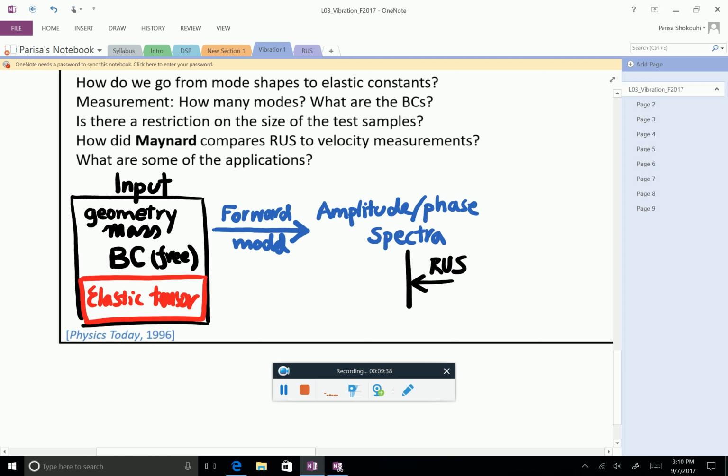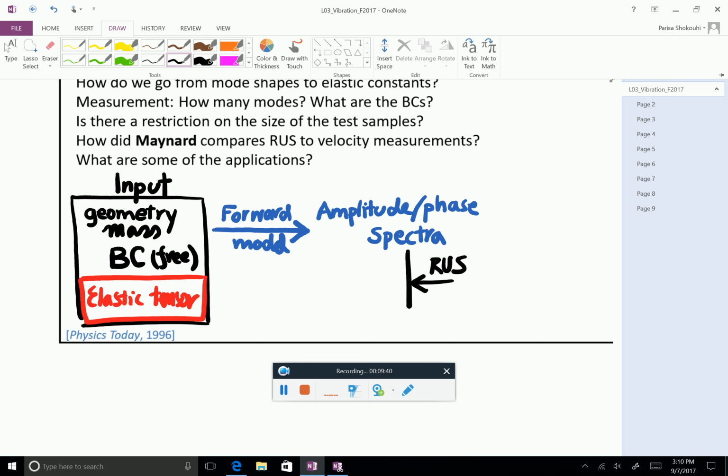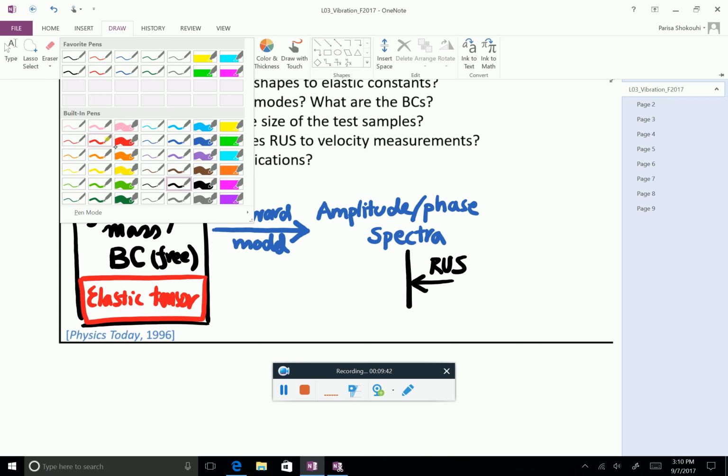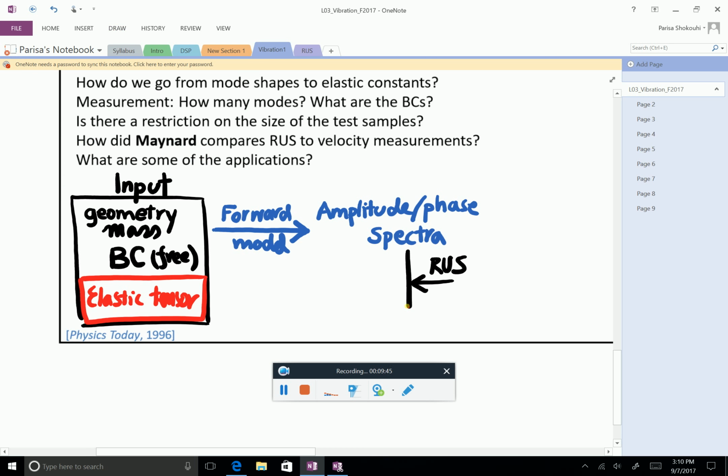And once you do this, you need to get to the elastic tensor, so you have to solve an inverse problem. And then you get some approximation of the elastic tensor. This is pretty much how it works.